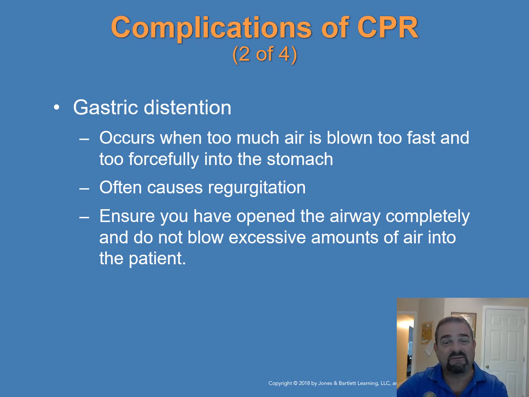Gastric distension often causes regurgitation as well. If regurgitation occurs, quickly turn the patient on the side, wipe out the mouth with your gloved fingers, and then return the patient to the supine position. You can prevent gastric distension simply by making sure you have a completely open airway when you're doing your ventilation, and don't blow excessive amounts of air into the patient.